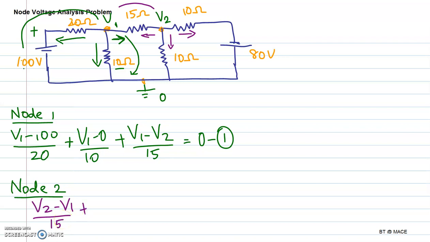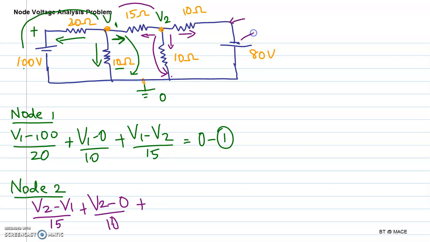plus, this is at a 0 potential. So the current through the 10 ohm resistance will be V2 minus 0 divided by 10, plus, this potential you just see.